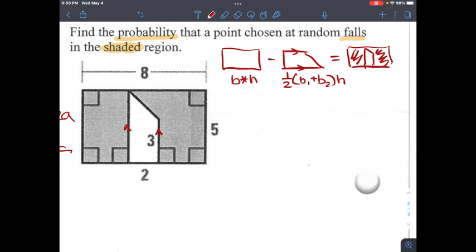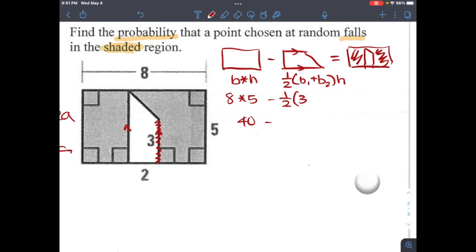All right, so to start off, we have B times H. I'm going to use B, which is 8, times H, which is 5. So in this case, right away, I can say that's 40. After that, I would like to make sure that I find my second one correctly. Base 1, if you look at the formula right here, tells you that's 3. So I'm going to say 3 right here.